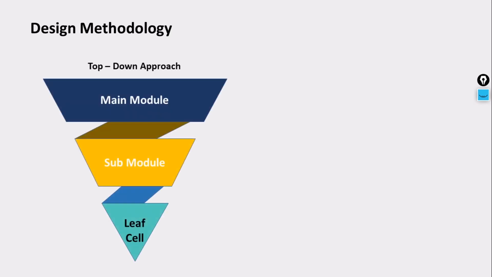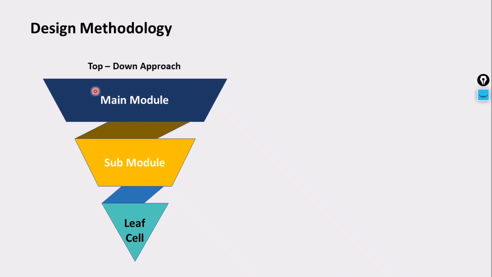As we know, there are basically two different types of approaches. One is the top down approach and the other is the bottom up approach. If you look at the top down approach, once the customer comes and gives us the specification, we come up with a complex design.